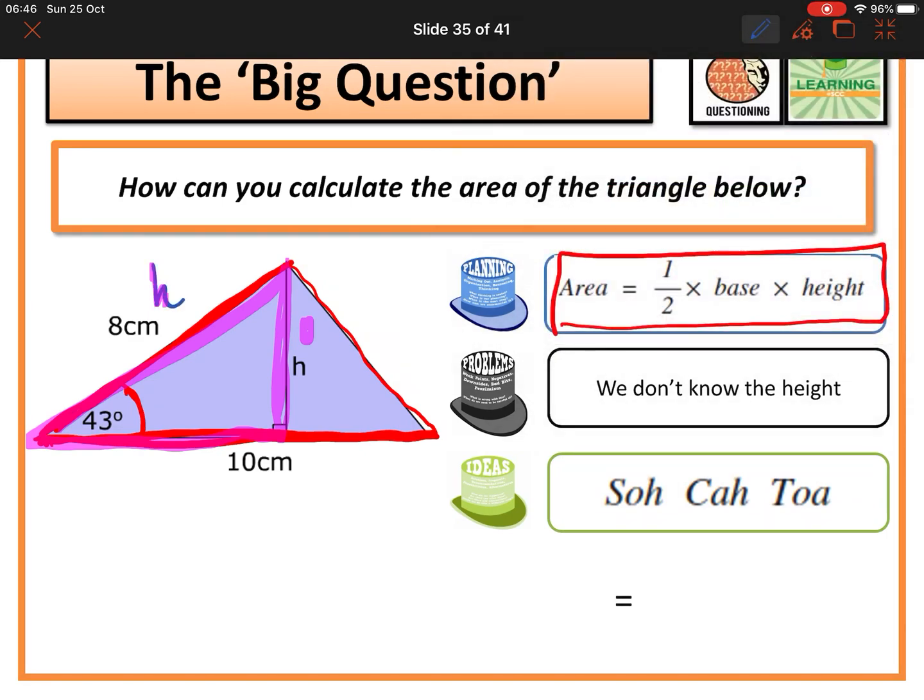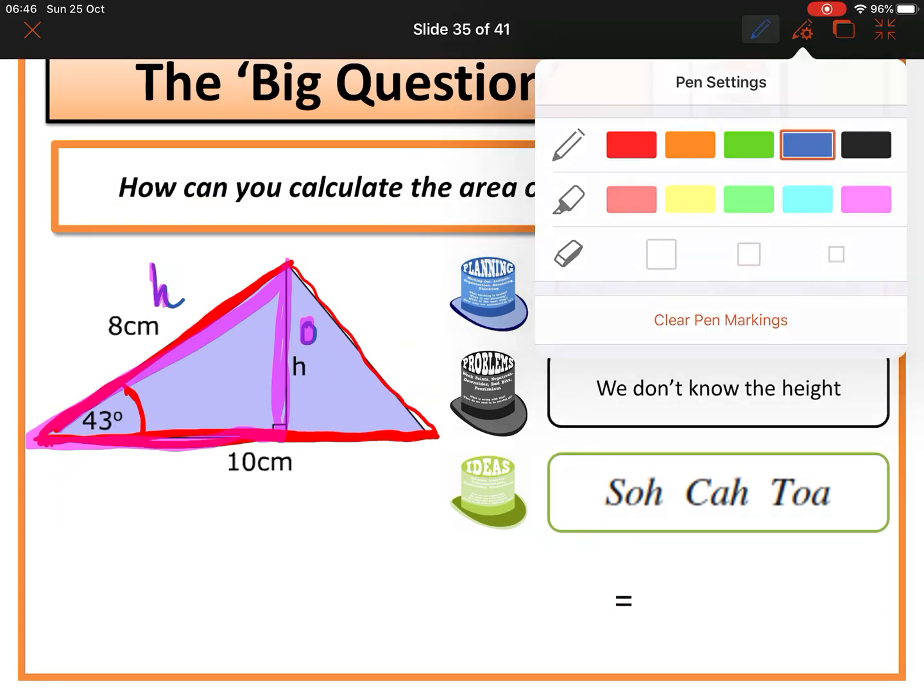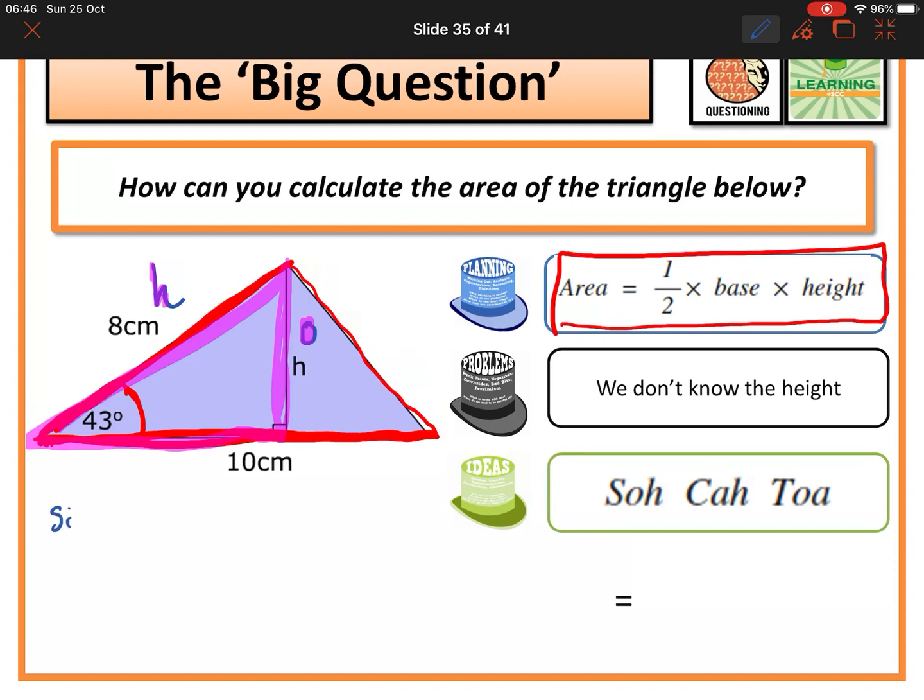Using basic right-angle trigonometry, sine of 43 degrees is equal to your height divided by 8. So your height is equal to 8 times sine of 43 degrees.